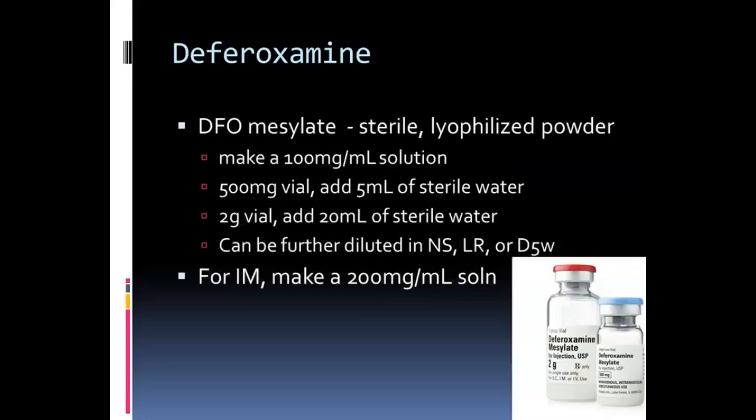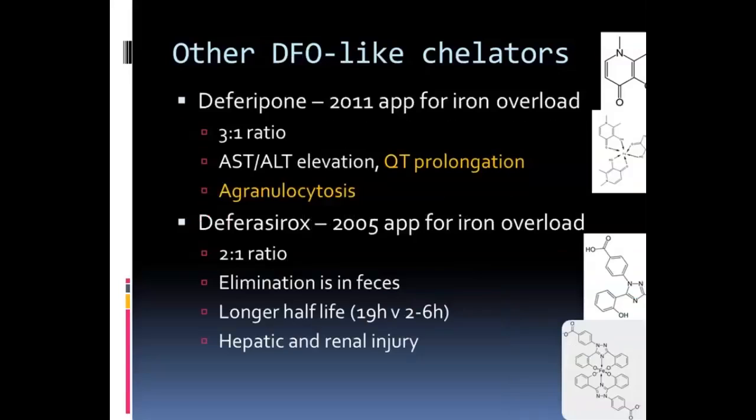It comes as a mesylate. It's a lyophilized powder, and the mixing instructions are there. There are IM uses. This is rarely used, but it is possible. There are other DFO-like chelators. Deferiprone was approved in 2011, and deferasirox in 2005.